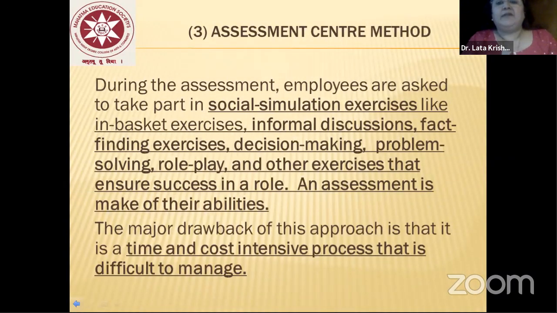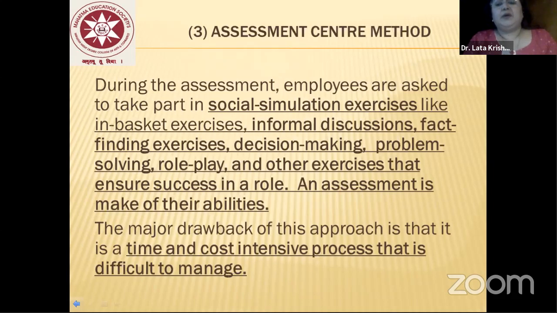Then they could have informal discussions. They could talk about certain issues or aspects that a job may bring and an employee would have to face. So informal discussions would bring out how that person thinks on a particular topic or aspect of that job. Fact-finding exercises, very interesting.